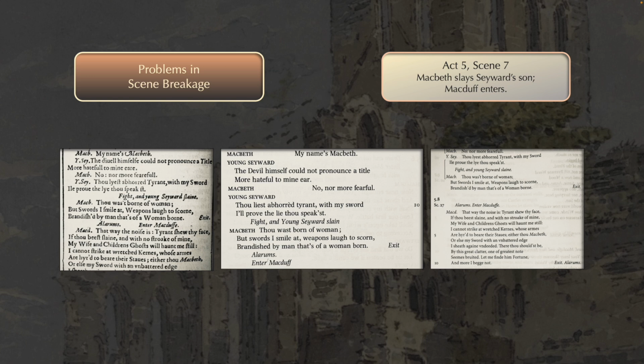But they do make interesting editorial decisions, and one of them is to go ahead and put scene breaks in Scene 7 of Act 5 every time the stage is vacated and before another character enters the stage to begin a new scene. I don't remember how many scenes they add, but it is several. I think they break Scene 7 into at least four or five scenes. It could be even more than that.